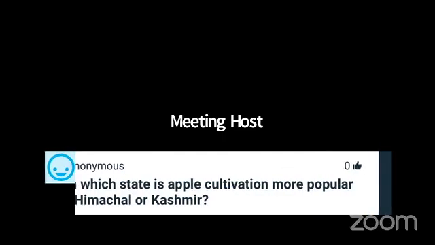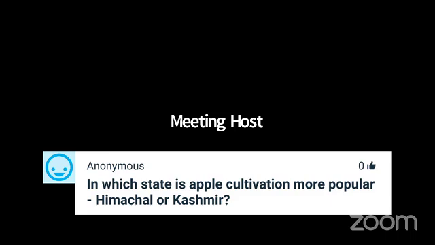Okay. And next question is, in which state is apple cultivation more popular, Himachal or Kashmir? Himachal total production is, as I said, 1 million to 1.5 million tons, and Kashmir is 20% more, but the potential is more in Kashmir, because Kashmir is a flat temperate region.